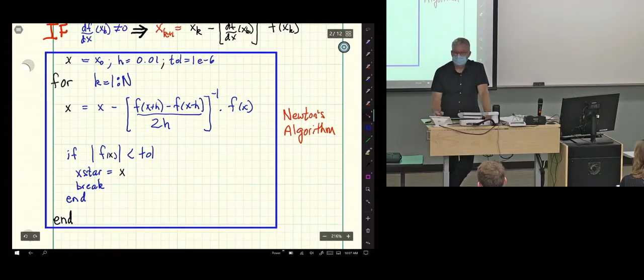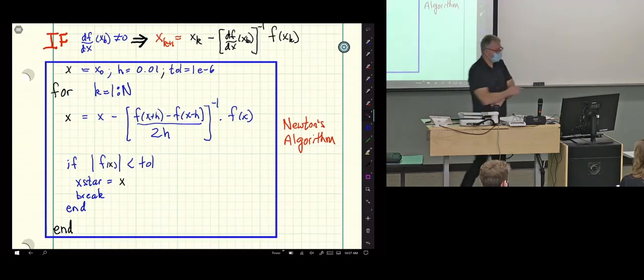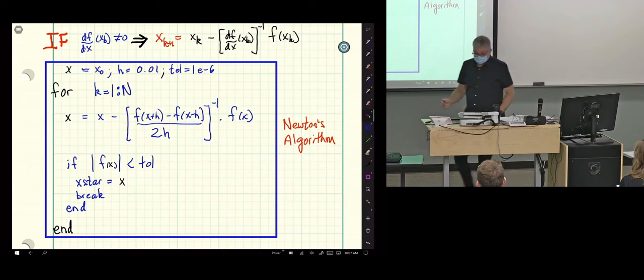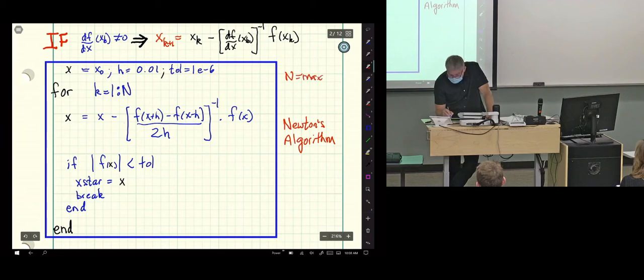So it's a good place to pause and see if Newton's algorithm makes sense. Question, yes? What is n? Total number of iterations. Okay, well, that's up to you. So this is allowing you to set a maximum number of loops, right? So n is the max number of loops.